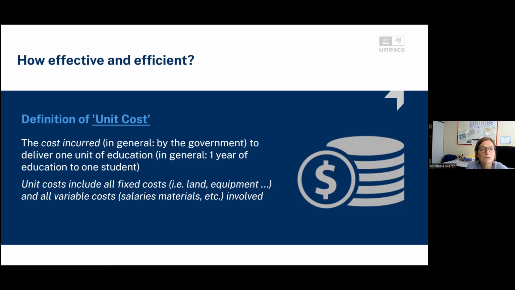So you would need an allocation of their time. You would need to know how much time teachers allocate to teaching and certain programs, because you would calculate the unit cost by program, and to research activities, and that can be a very complicated exercise as well.